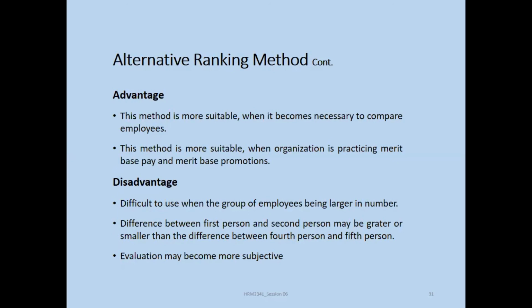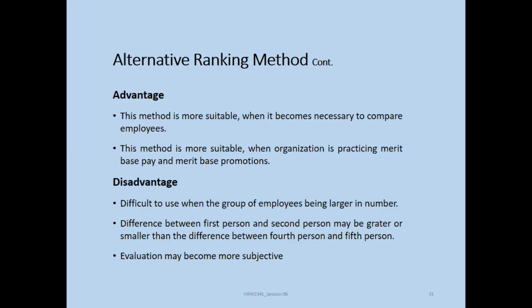This method is more suitable when the organization is practicing merit-based pay and merit-based promotion, equal to the rank order method. A disadvantage is that it is difficult to use when the group of employees is large in number. It is also the same as the rank order method.